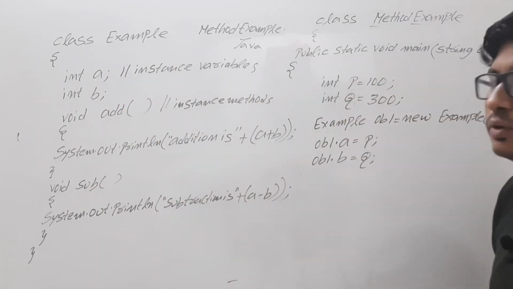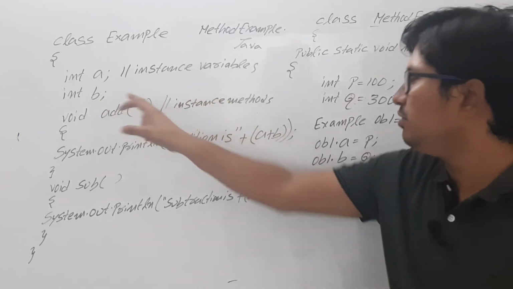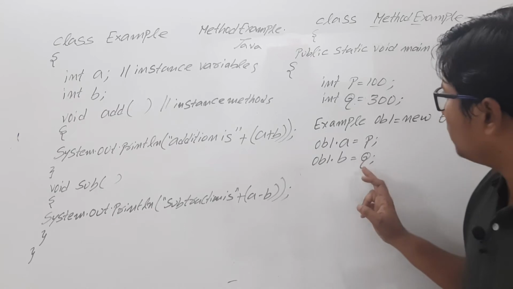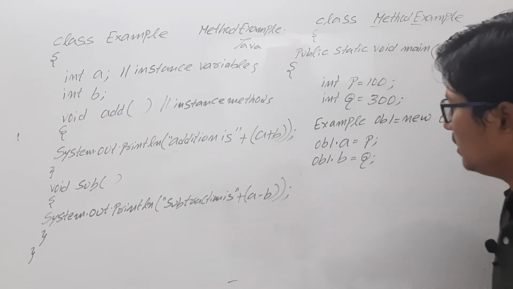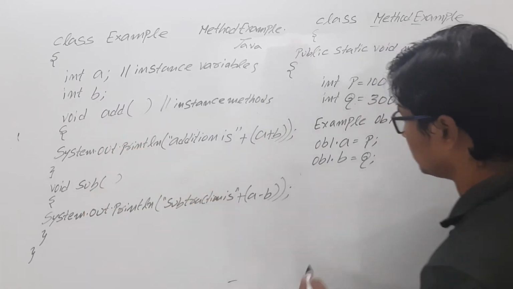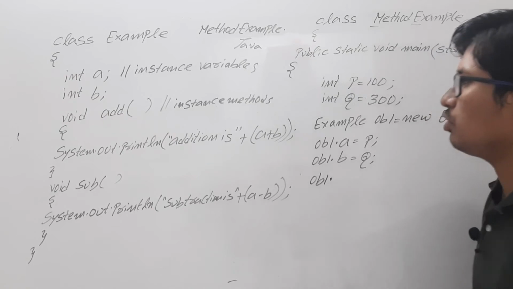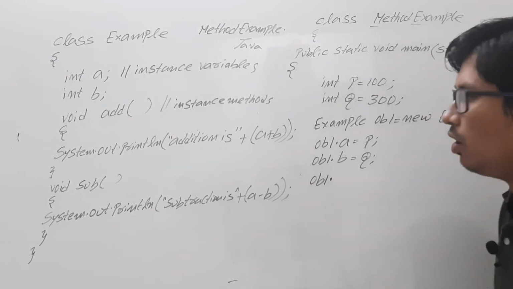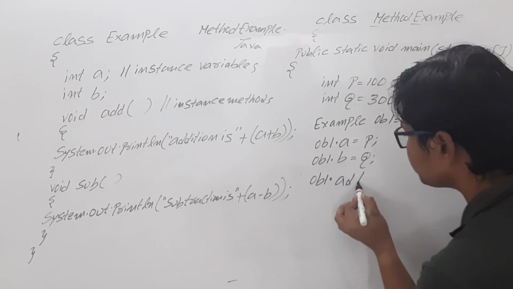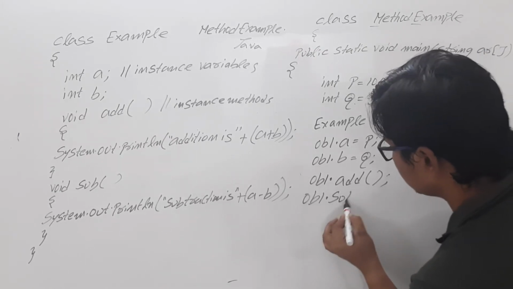So meaning is that for this object ob1, a will have the value 100 and b will have the value 300. Now I will call these methods called add and sub, with the help of the object and using the dot operator. So object name dot method, which is add. Similarly, if I write ob1.sub, this one.